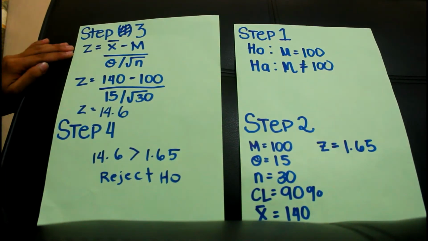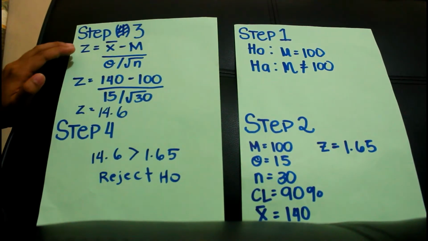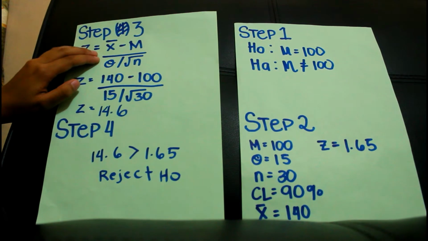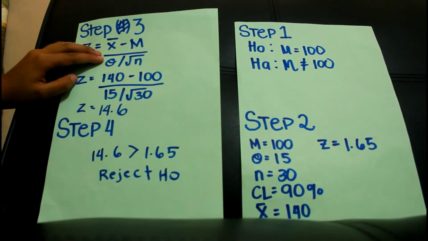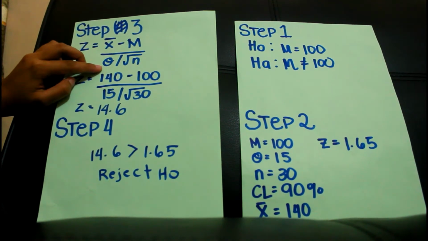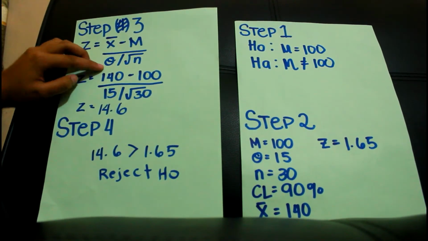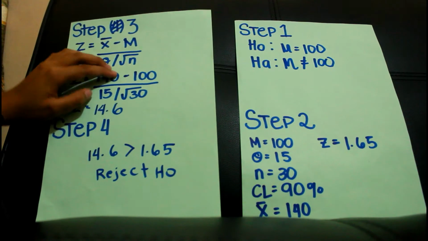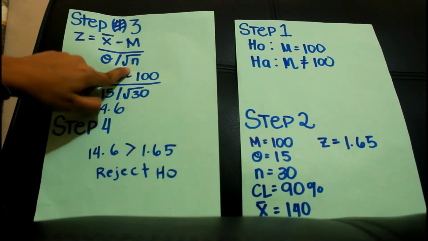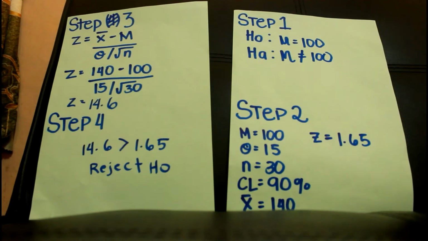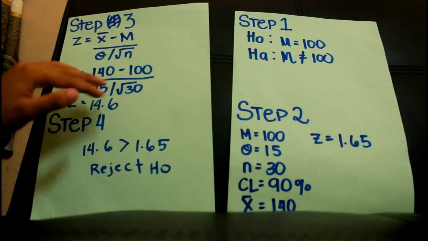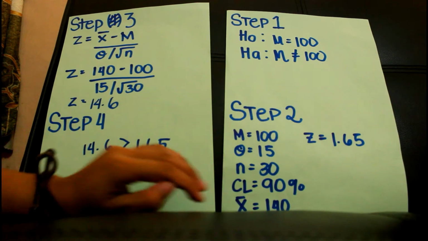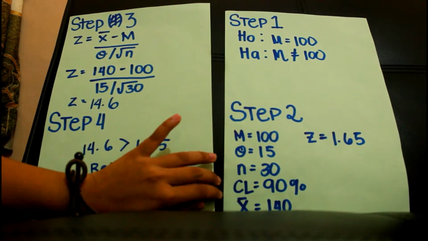In step 3, we have the formula. Random sample minus mean divided by standard deviation divided by square root of sample size. So, after natin malaman yung formula natin, kailangan na natin i-substitute dito yung mga nakuha natin na elements sa step 2.